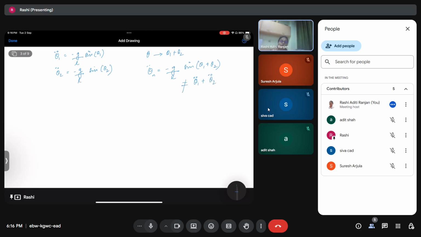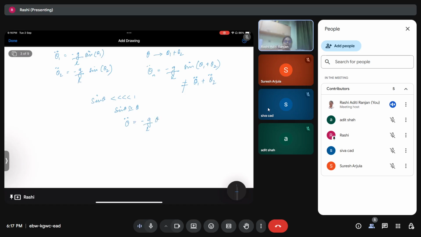But now if I take sine of theta, I'll just write it in mathematical form. If theta is very much less than 1, then sine of theta is nearly equal to theta. In this case, my equation becomes theta double dot is equal to minus g by L theta.